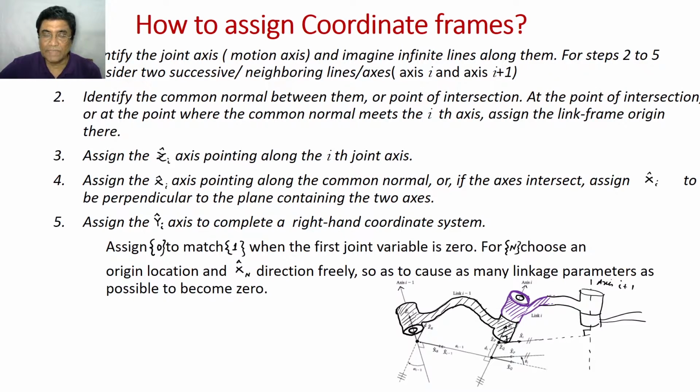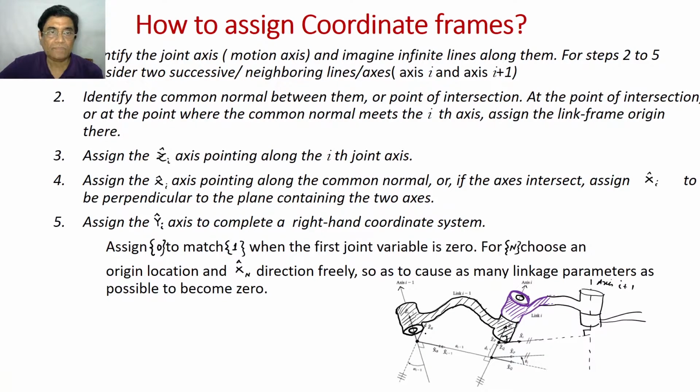And where will be the origin of the coordinate frame? The rule is, wherever the common normal intersects the z axis, that will be your origin, and you assign the x axis along the direction of the common normal. So x is known, z is known, right-handed orthogonal coordinate frame, y will be automatically known.